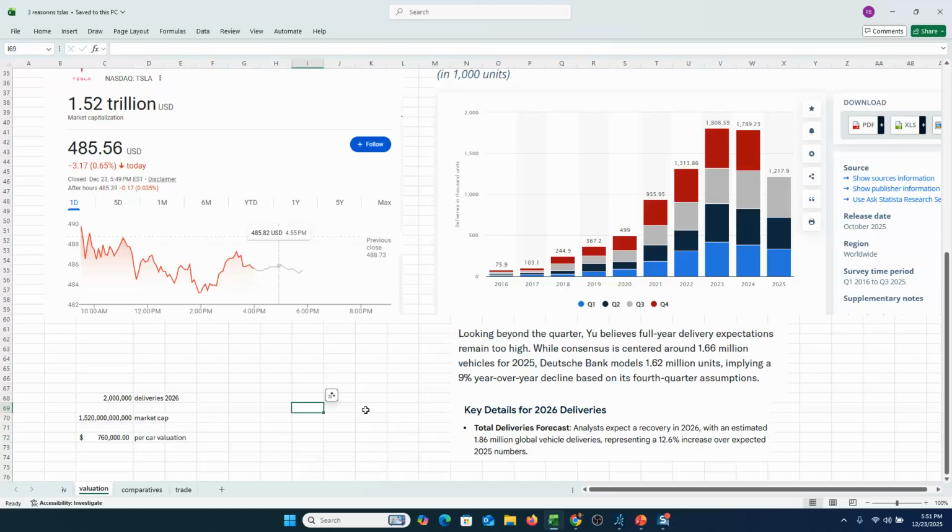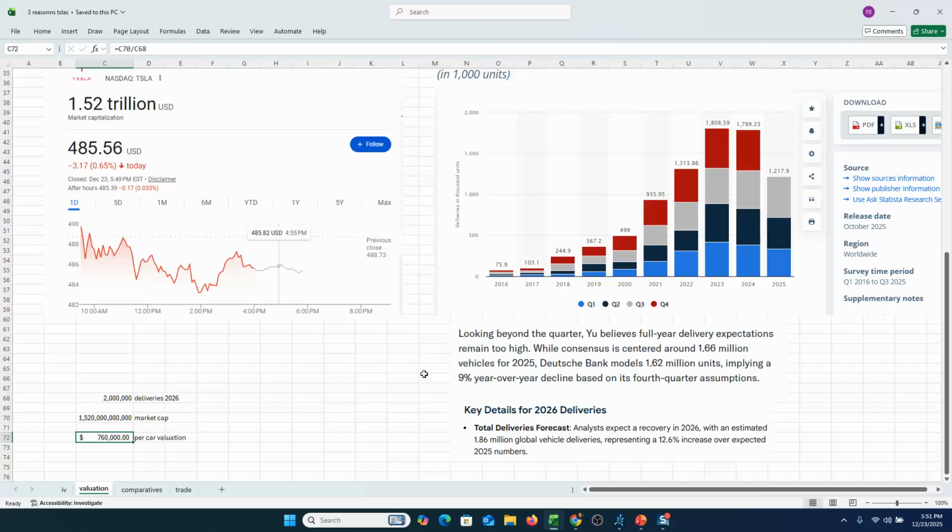1.52 trillion, excuse me, hard to even say that number sometimes. And I said, you know what? Let's say they deliver 2 million cars. Expectations are for 1.86. I'll say, you know what? Say they beat it very decently, right? So taking that, that still values the company at $760,000 for each car delivered next year. Yeah, $760,000 per car.